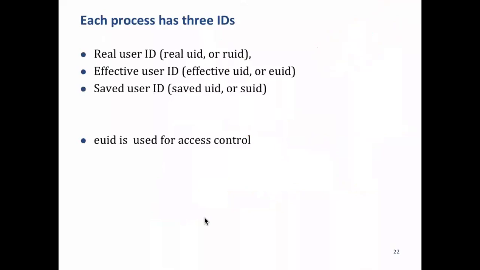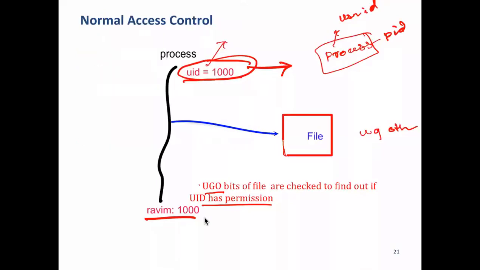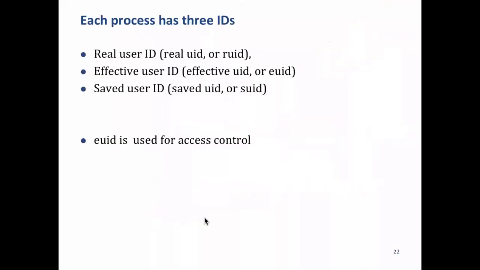Now there's a confusion here. This user ID, which we say is a single user ID, is actually internally implemented as 3 user IDs. First is called the real user ID, which is nothing but the normal user ID. Then the effective user ID, and then the saved user ID.